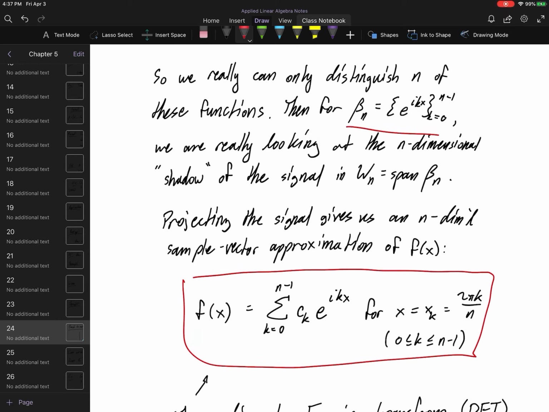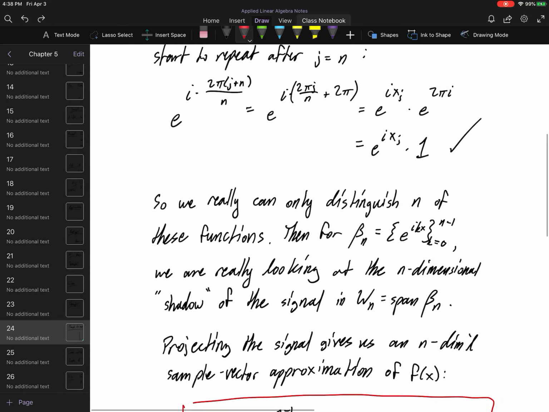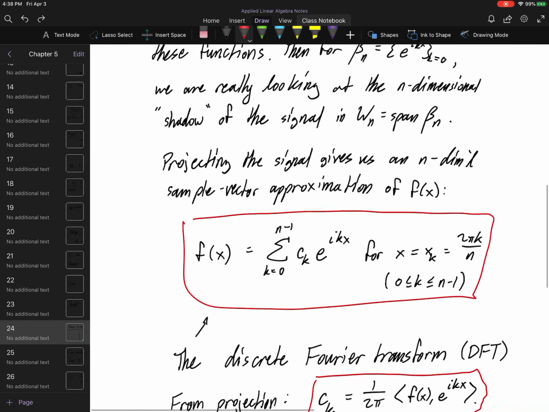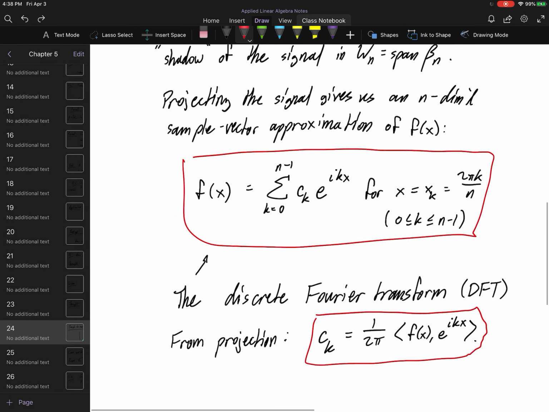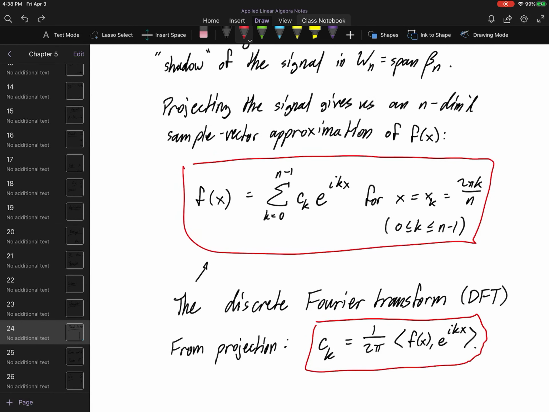So for Bn, or beta n, equal to this particular collection of functions, we're really looking at the n-dimensional shadow of the signal in that subspace of the complex inner product space.